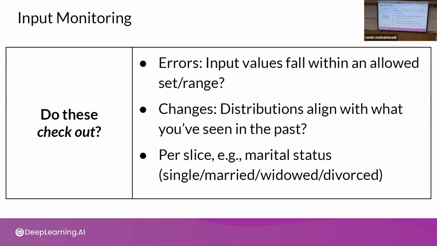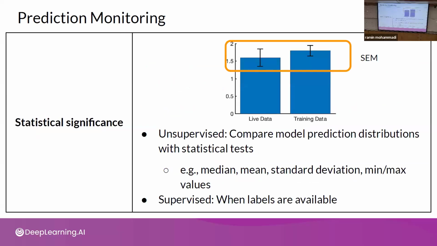Because you might be doing perfect, 99% on average, but for a certain slice, you're actually doing 0%. Like they don't take any benefits. So you need to do the slicing there. So that's the difference between training data and live data. If there's a significant statistical difference between them, that's a sign that you need to have some sort of retraining or validation.